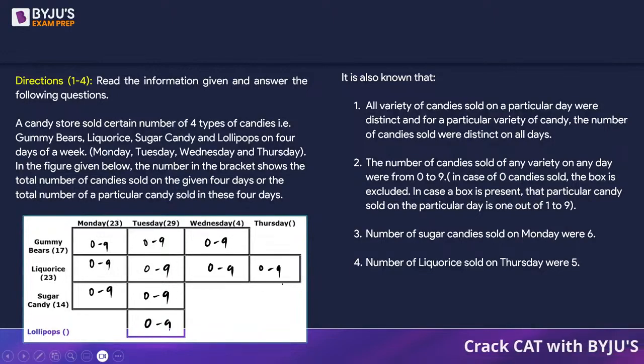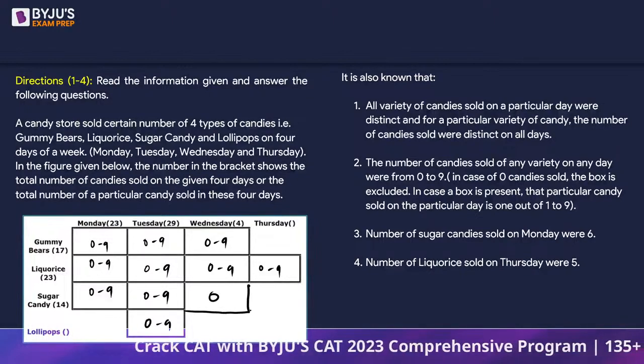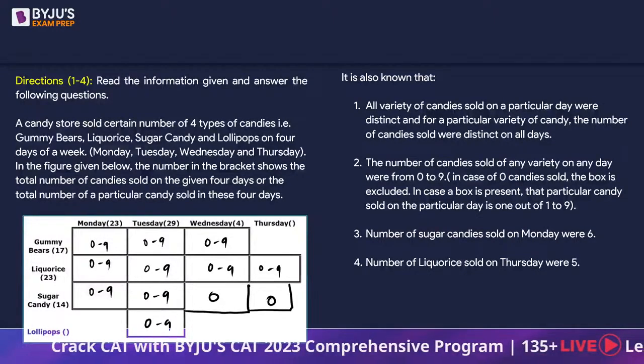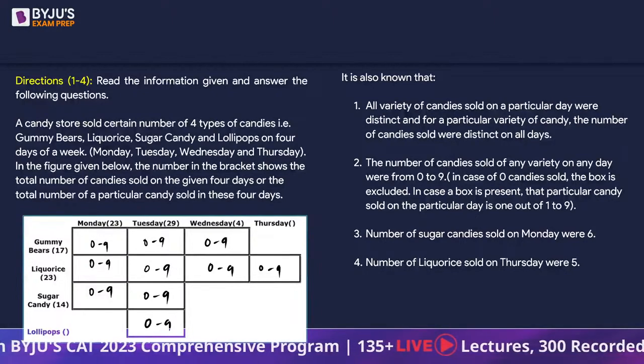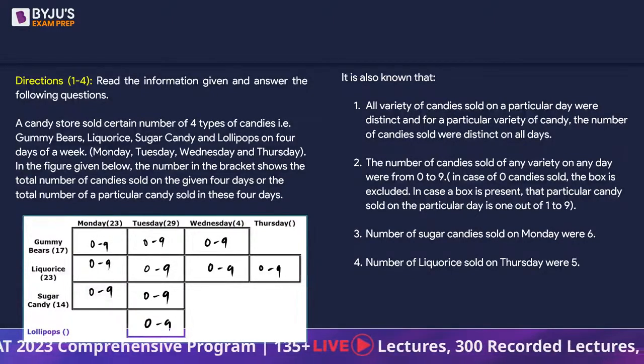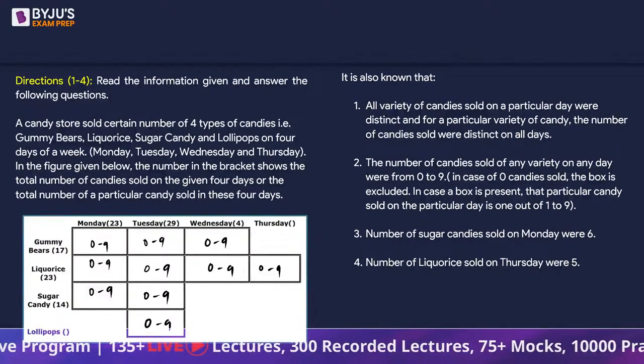In case of 0 candies sold, the box is excluded. So we can see that the box is excluded as this was 0. And then it says, in case a box is present, that particular candy sold on the particular day is 1 out of 1 to 9.